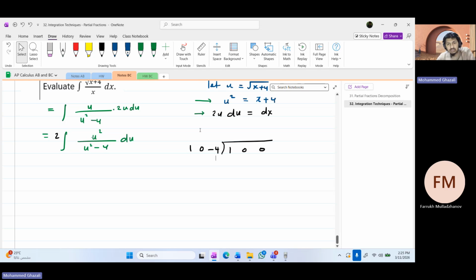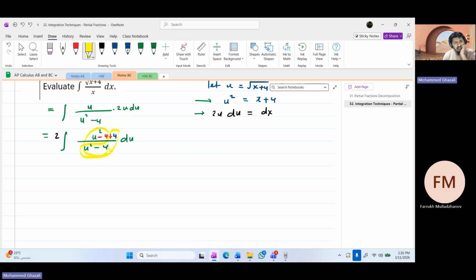Okay, you don't need to do this. There are tricks in simplifying, okay? So I took the 2 out. So the trick in simplifying is minus 4, add 4. If you minus 4 and if you add 4, you can split it up into two different integrals, one here and one there.